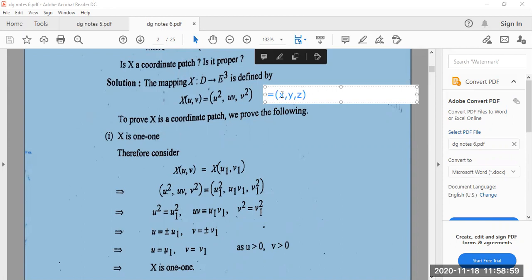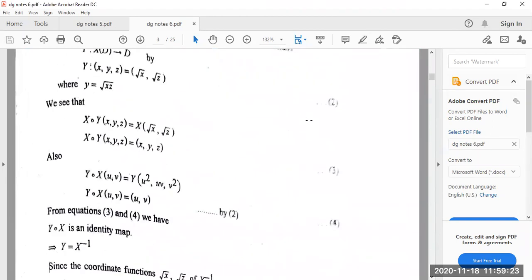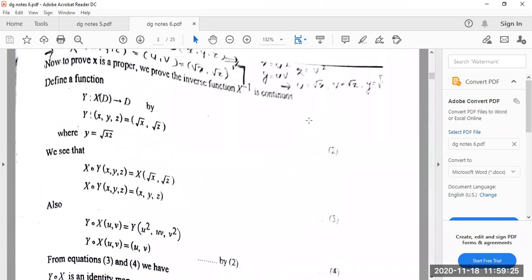So now the value of x is u square, the value of y is uv, and z is v square, but we want only in terms of u and v. So what will be the variables now? Here you can say the value of u will be under root x, and the value of v will be under root z.